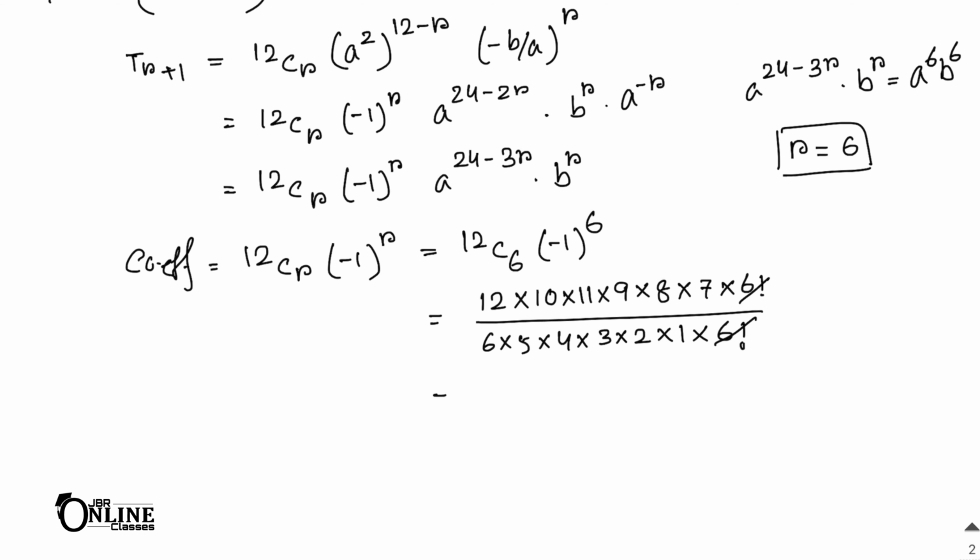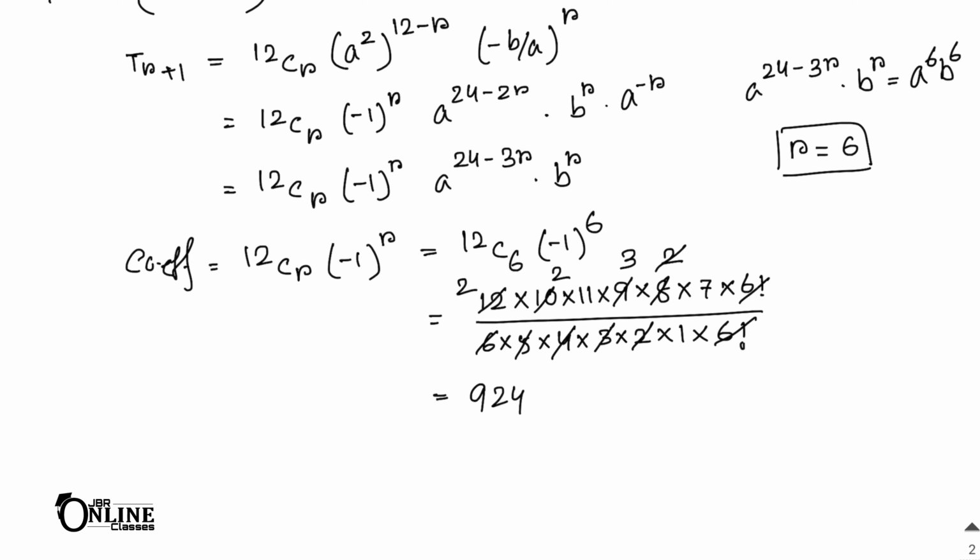So it cancels out, and here 3 3s are 9, 4 2s are 8, 2 2 cancel out, then 5 2s are 10, 6 2s are 12. Okay, so that means your value will be 2 into 2 into 3 into 7. Okay, that means 7, and oh sorry, last one 11. So it will be 924.